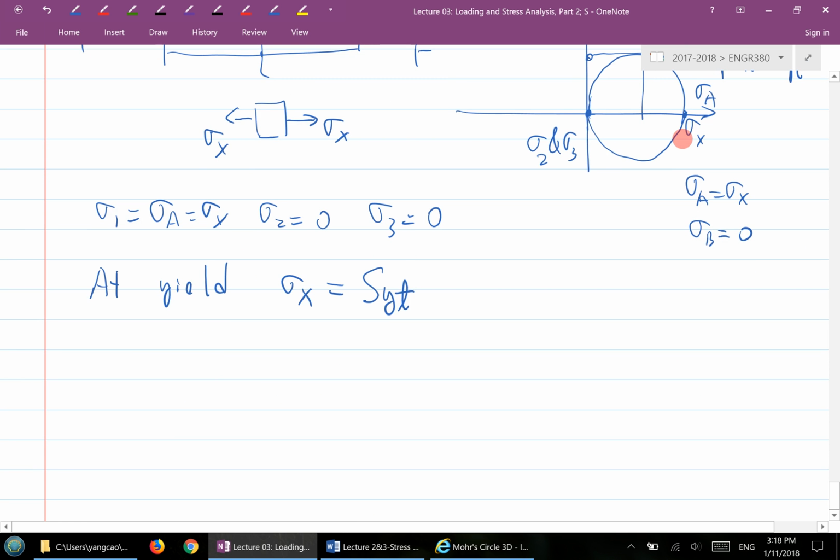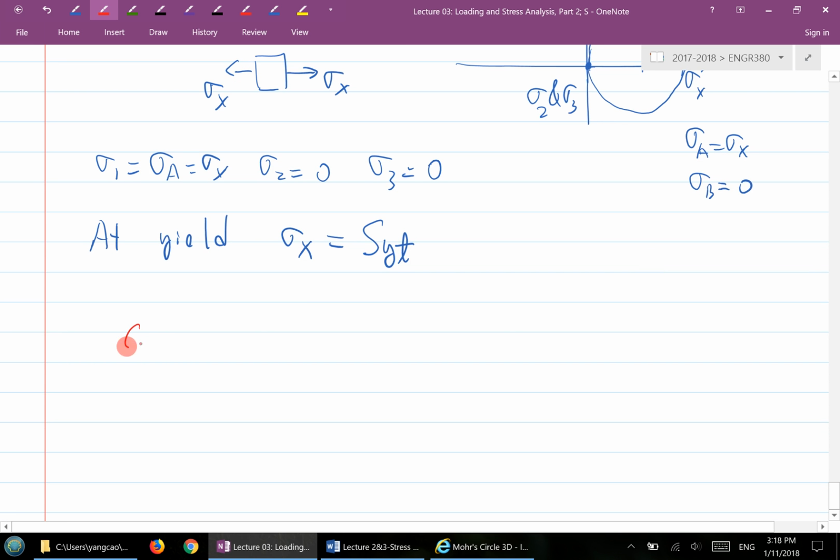And the MS theory is basically asking you to compare this tau max, which is this, versus SSY, which is this. Compare this quantity with the other quantity.